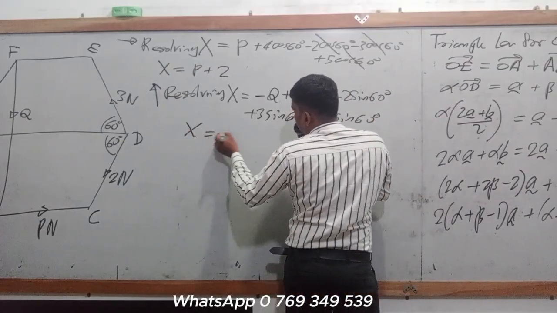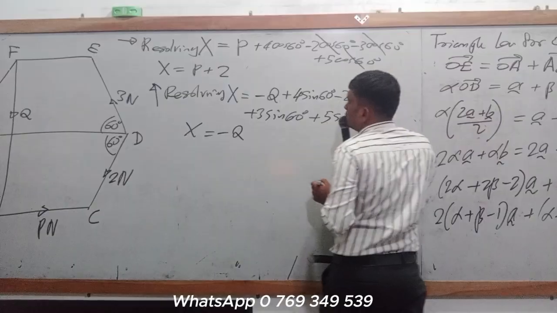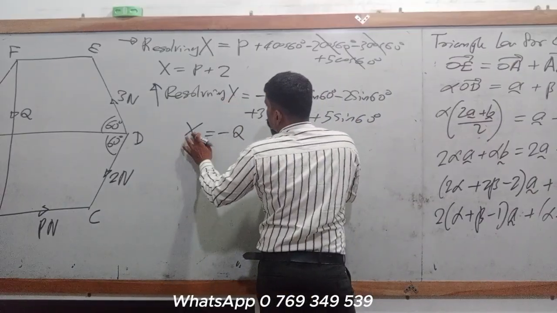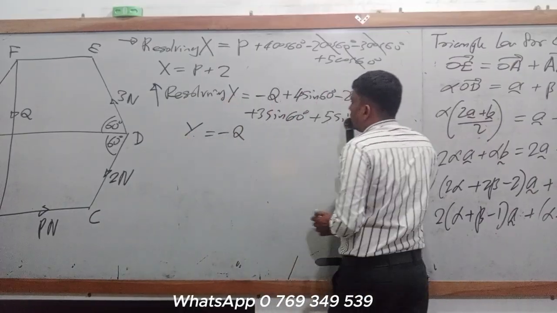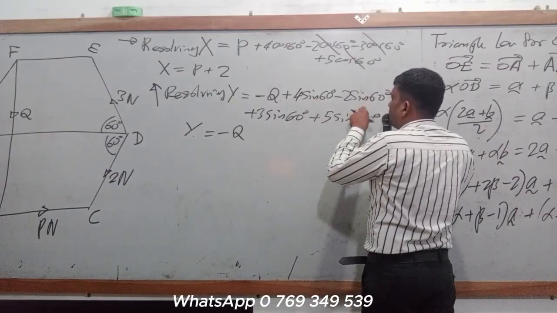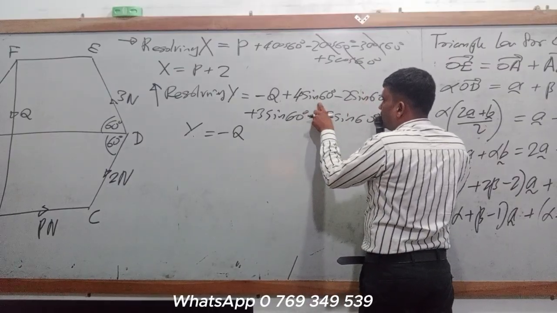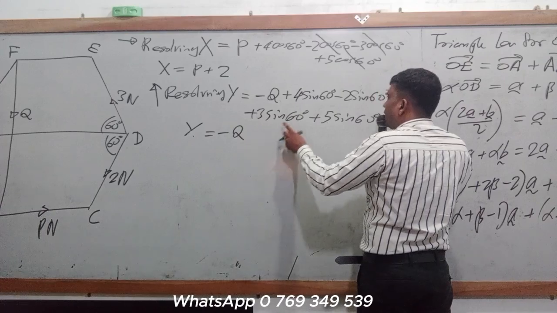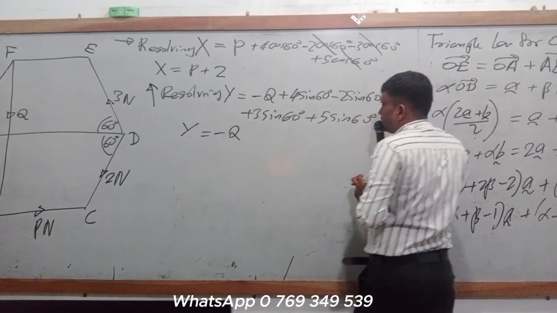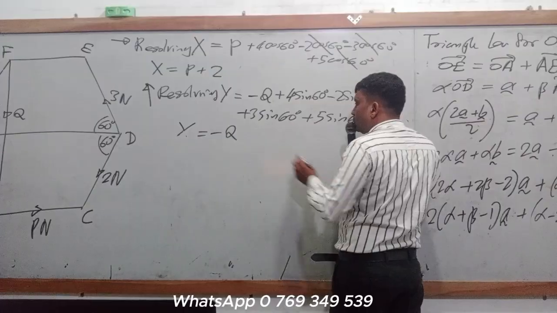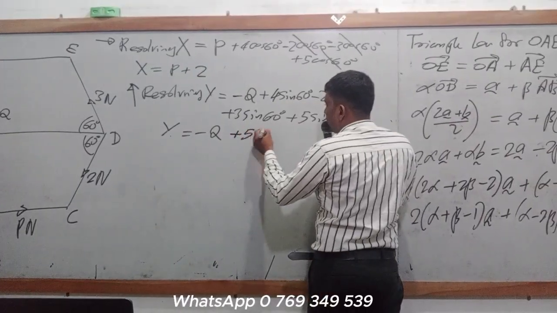So Y equals minus Q, plus 4 sine 60, 2 sine 60, and here 8 sine 60 and 10 sine 60. Sine 60 is root 3 over 2, so here plus 5 root 3.